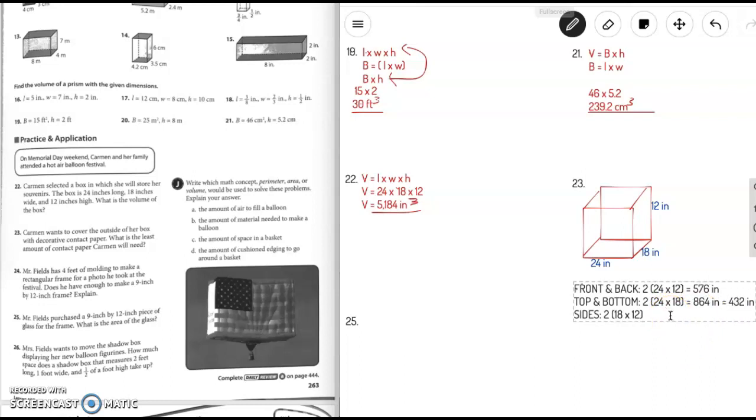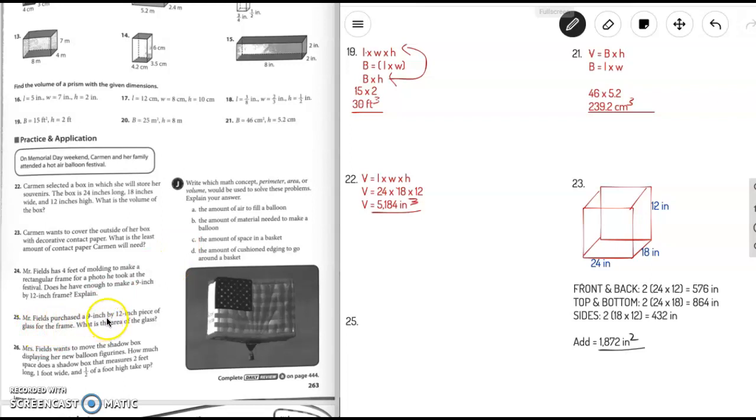Oops, I wrote that in the wrong place, didn't I? All right, and then we're going to add these 3 numbers together. And that brings us to 1,872 inches squared, because this is not looking for the volume, it's looking for the surface area.